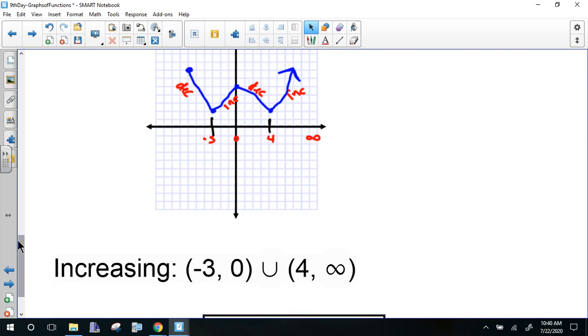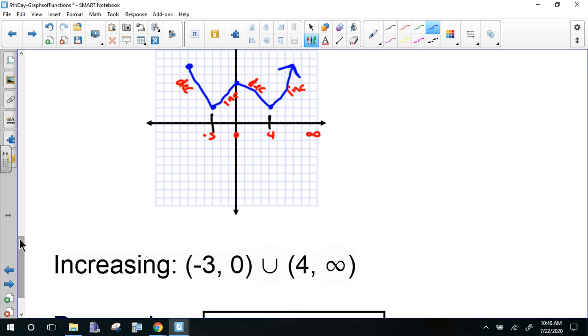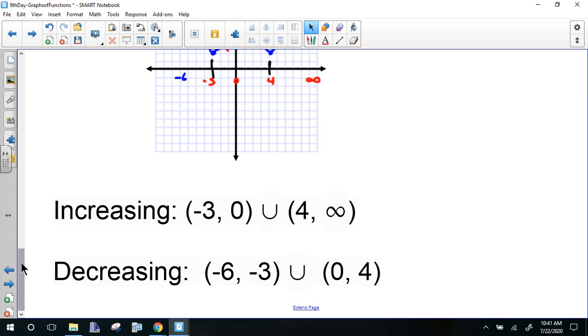That's the increasing parts. Where is it decreasing? All right. Well, it's decreasing from this x value, which is -6, down to -3, and from 0 to 4. -6 to -3 and 0 to 4.